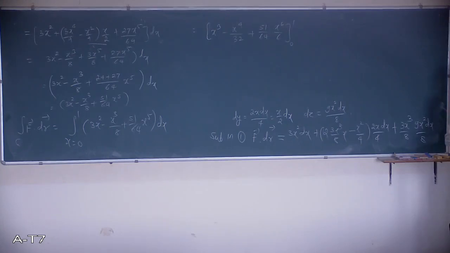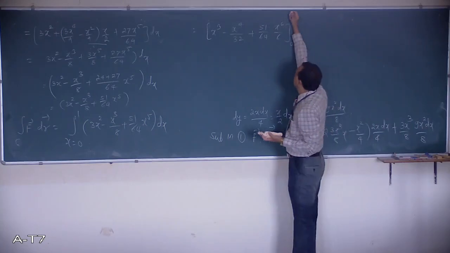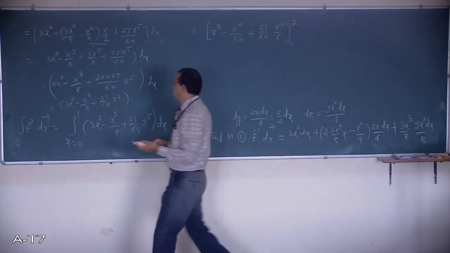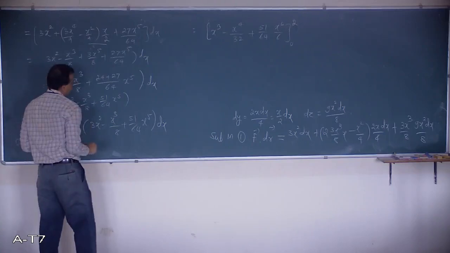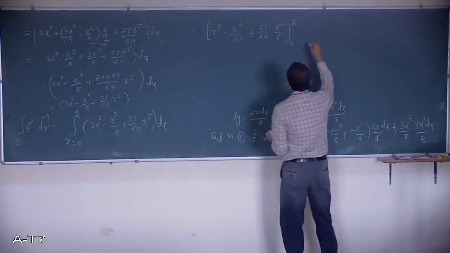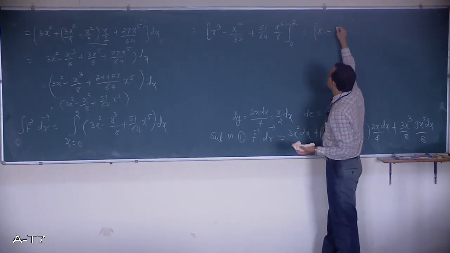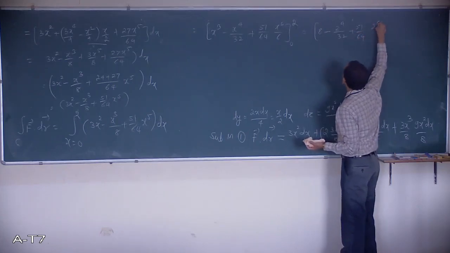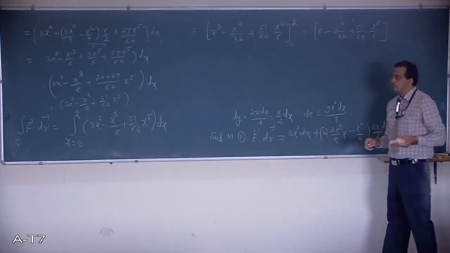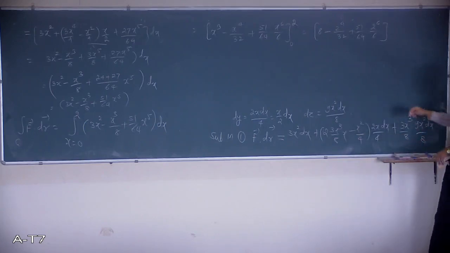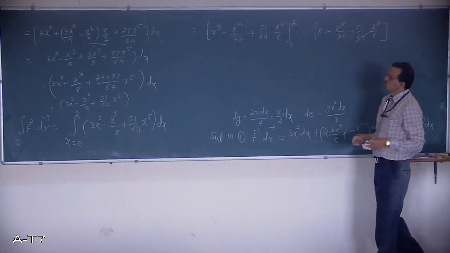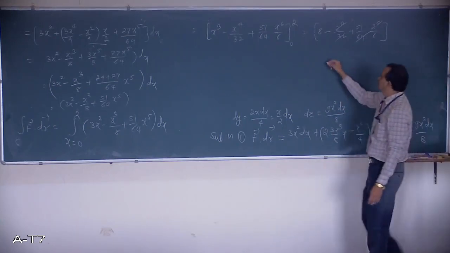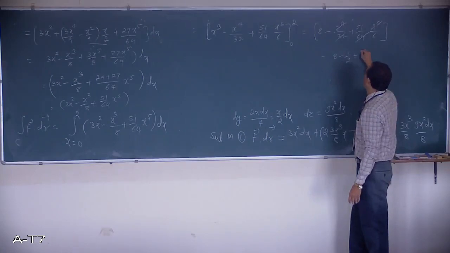I think the limits are 0 to 2. Yes, the limits are 0 to 2. Just check if they are 0 to 2. Don't know what I have given, just check it again. It must be 0 to 2. So please substitute. 2⁵ is 32, 2⁶ is 64. 2⁴ is 16, 16/32 is 1/2, so it is 8 minus 1/2, plus 51/6.